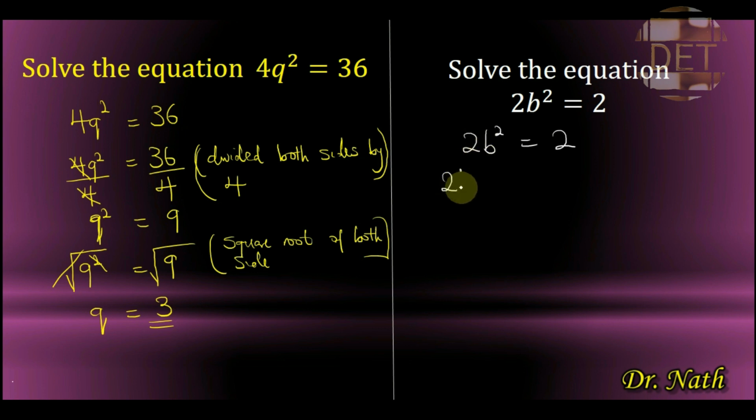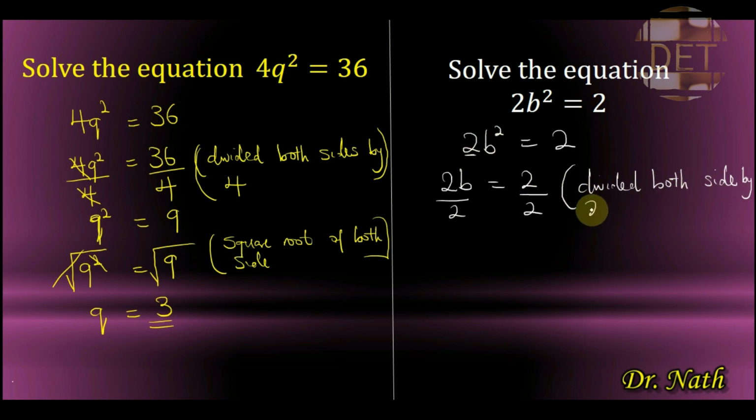So this is 2b squared is equal to 2, divided by 2, divided by 2. What I did here is that I divided both sides of the equation by the coefficient of b squared, which is this 2.